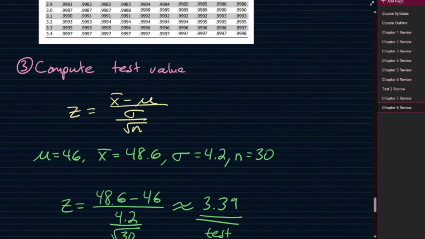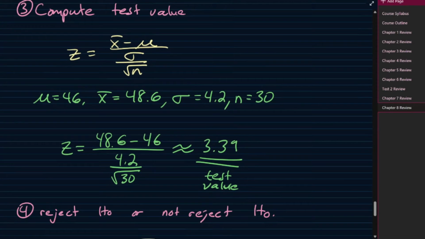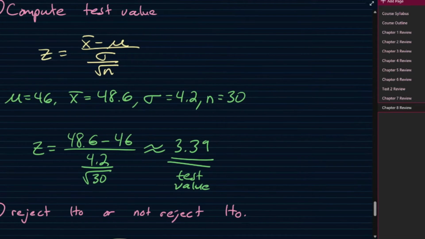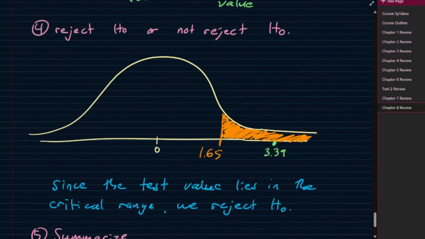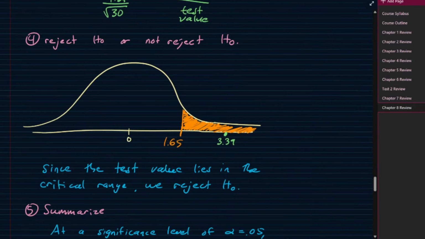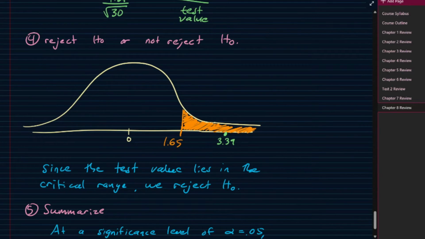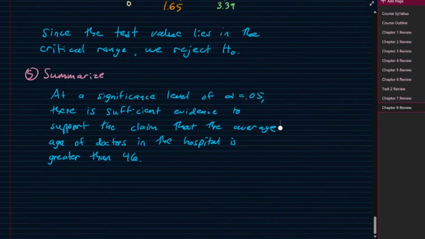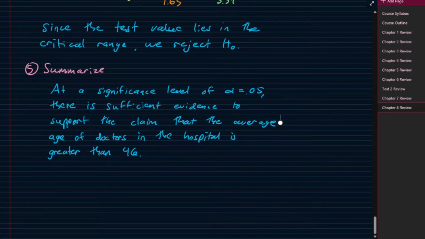Step 3, we found the test value computed from a specific experiment. Step 4, we decided whether to accept or reject by comparing the test value and the critical range. The test value is in the critical range, so we reject. And then our summary. Let's go ahead and do an example of a two-tailed test as well.